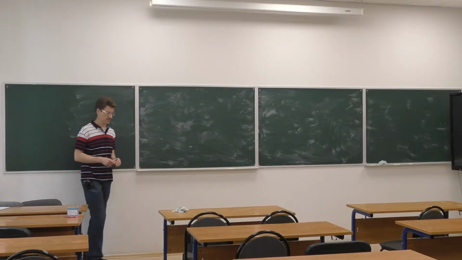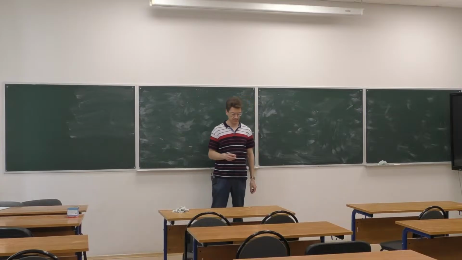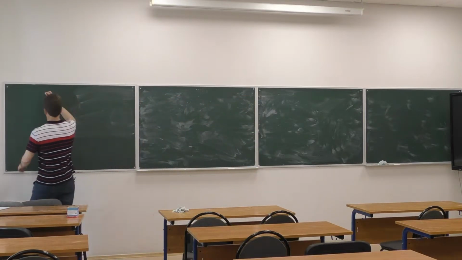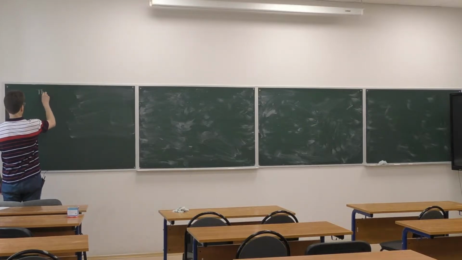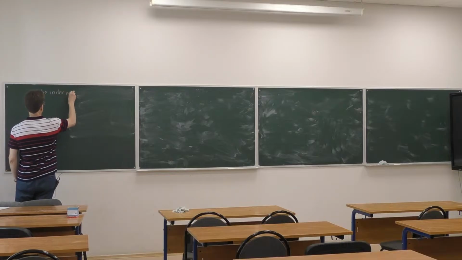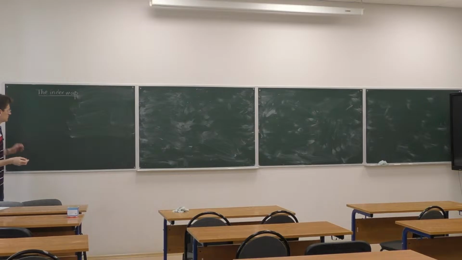Well, let's recall that in the previous lecture we introduced a very important notion in K-theory, namely the index map. So let's now recall how it is defined. We define this map in the purely algebraic setting, that is, for arbitrary rings.